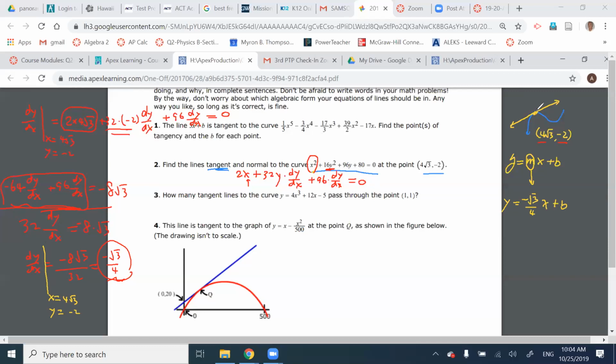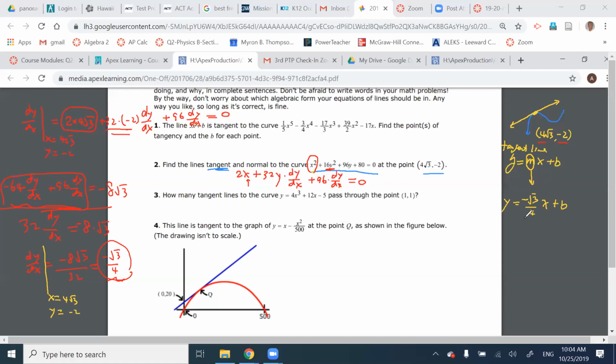We were looking for the derivative at this point. Dy/dx represents the slope of the tangent line. So if we say this is a tangent line, y equals mx plus b, I have this one.